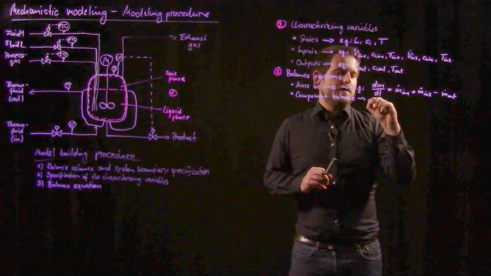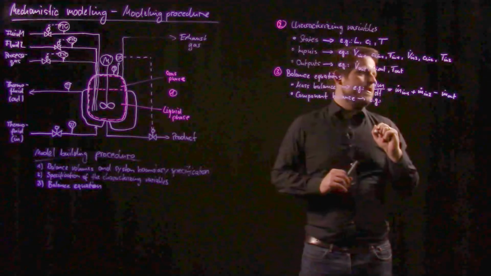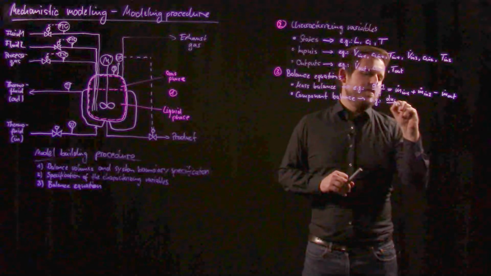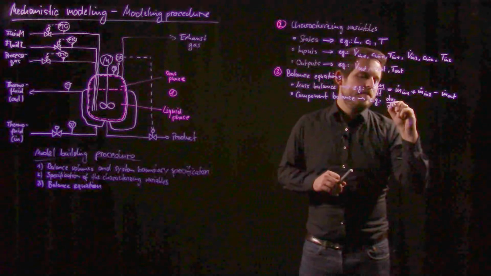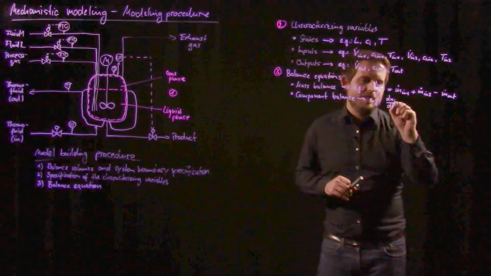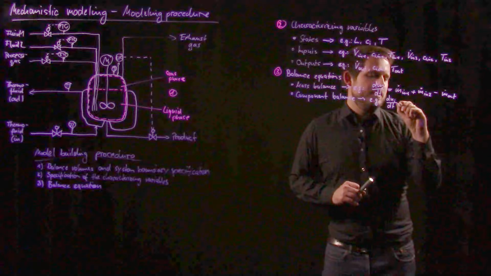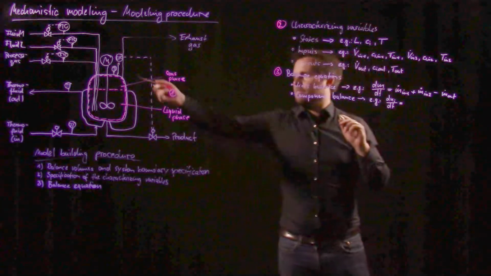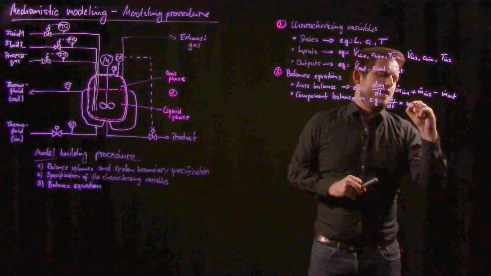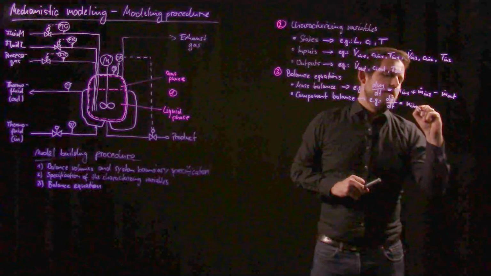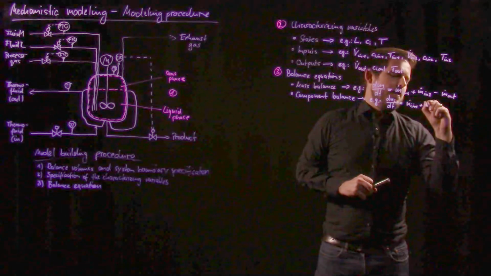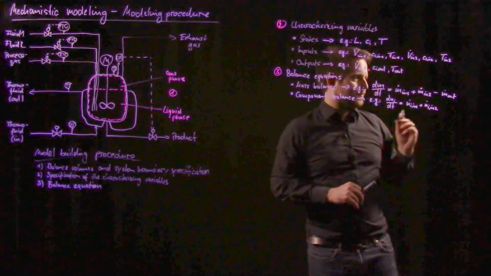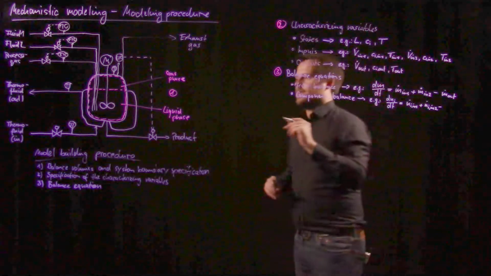And this could look like the following. We say we have the change of the amount of a species in the system. We say it's N_i, so species i, and the amount of the species is N. And this is changing again from what is flowing in, N_i,in1 plus N_i,in2, minus what goes out.